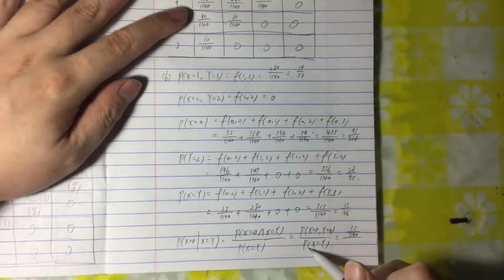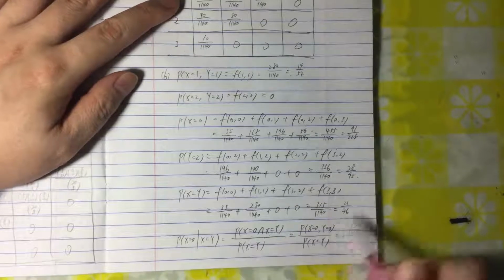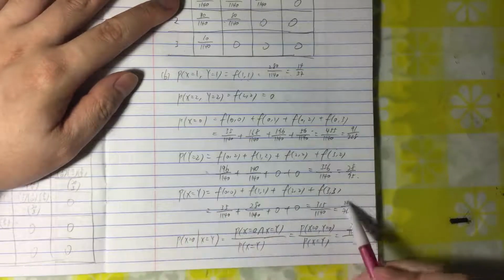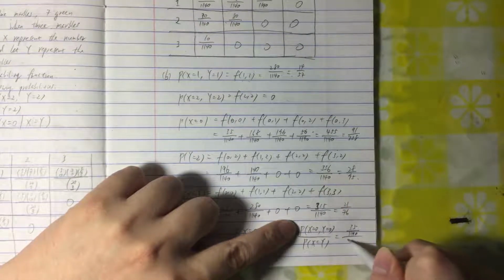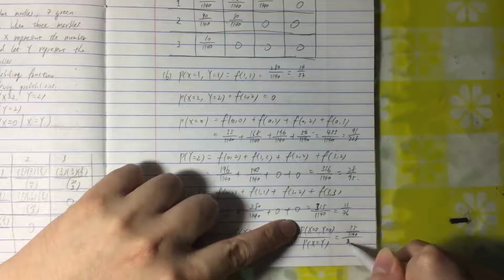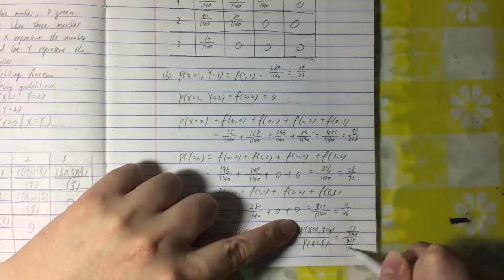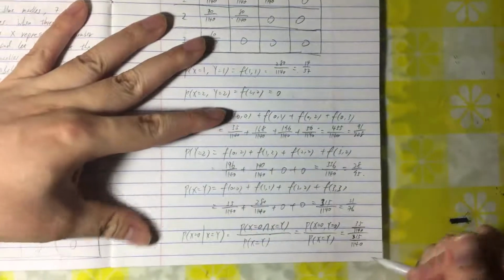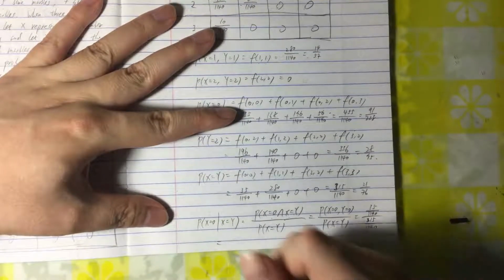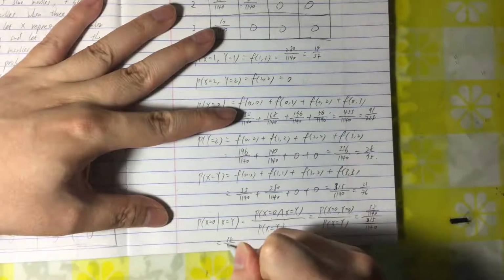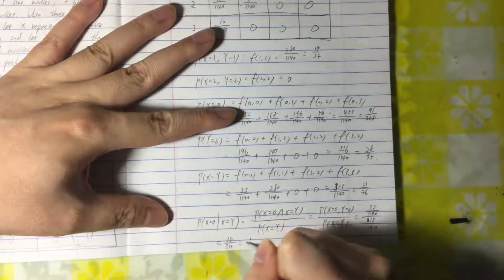For the denominator, the probability that x equals y, we just found it. That's 21 over 76, or we can use 315 over 1140. If we reduce it, we can cancel the denominator. We get 35 over 315, which is 1 over 9.